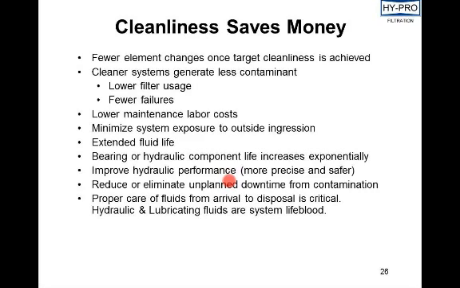And also, we see bigger particles getting through. So the efficiency drops on the smaller sizes, and we also see larger particles that wouldn't normally get through on the ISO 16889 test actually passing through the filter. That's the biggest difference.